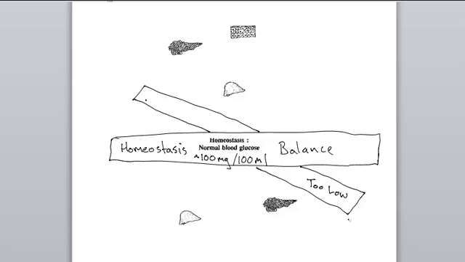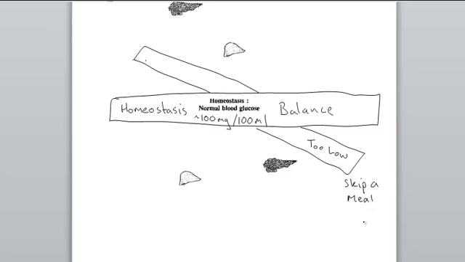And when we're too low, perhaps we skip a meal, what happens is low glucose, some people just call it low blood sugar, causes the pancreas to release glucagon.